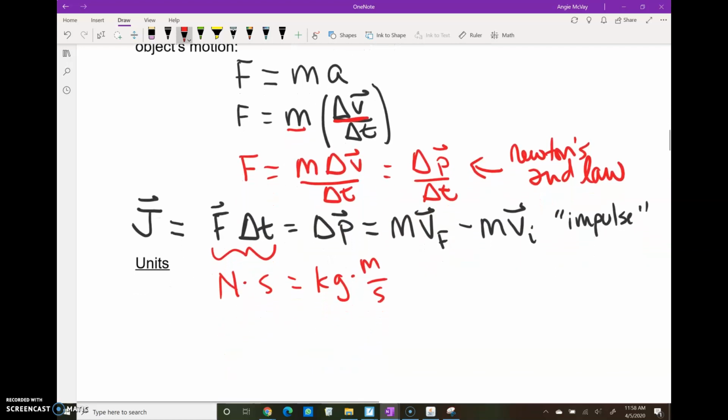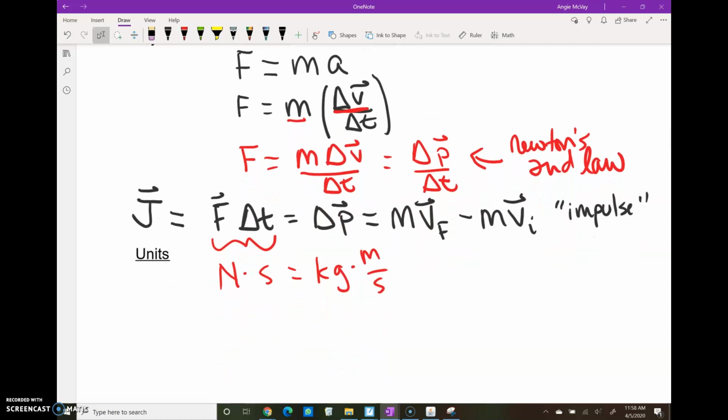Are those the same thing? Well, what is a Newton? A Newton is a kilogram times a meter per second squared, right? Mass times acceleration times seconds. Oh, hey, look, this second and that second cancel out, and that is equal to a kilogram times a meter per second.